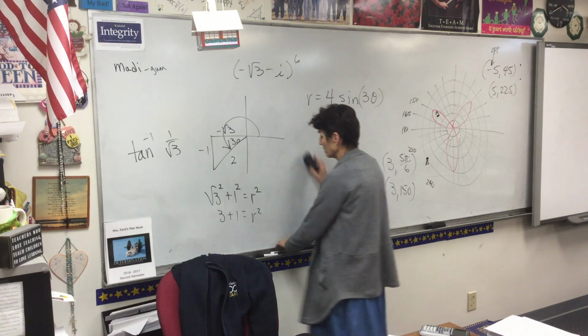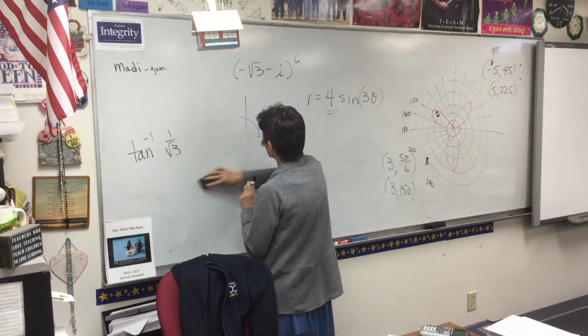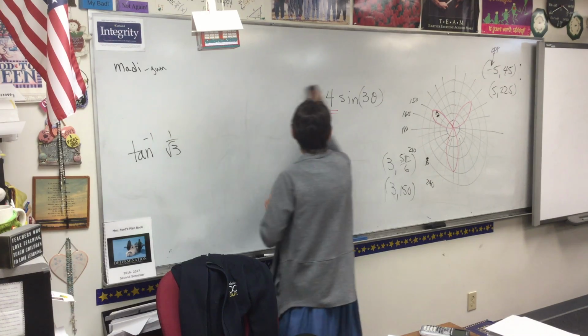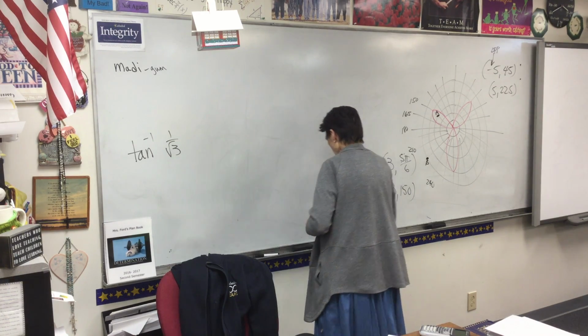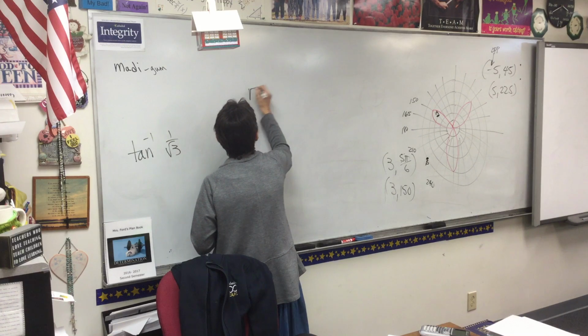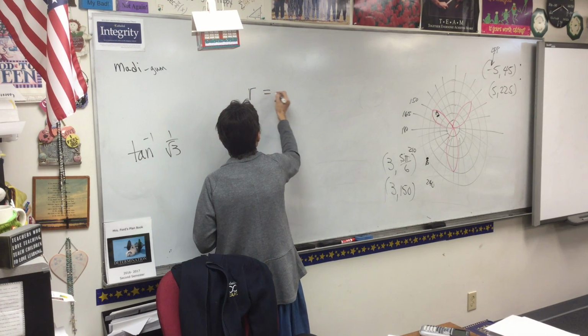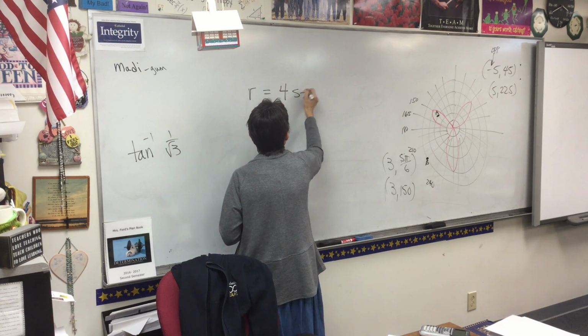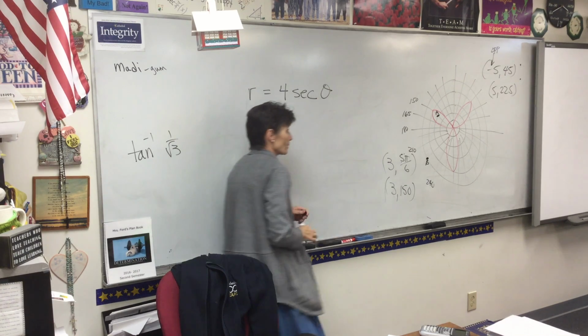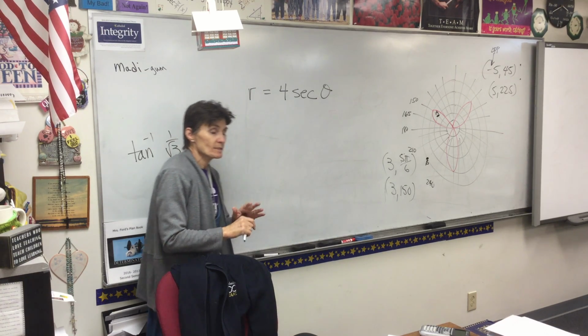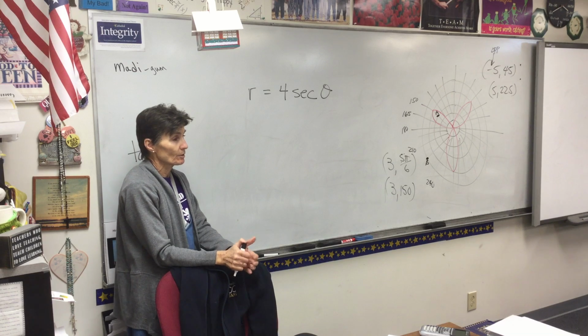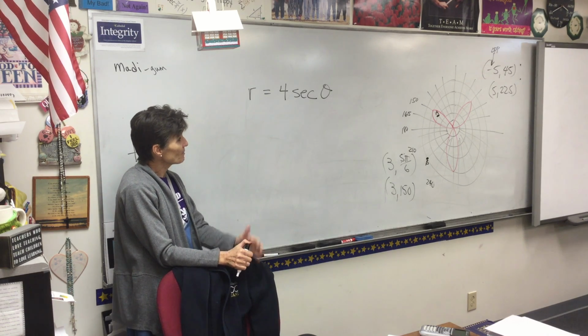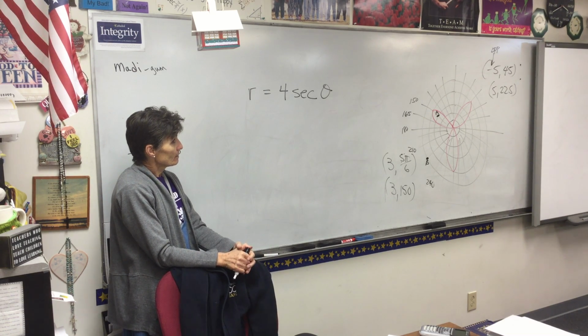All right, so let me put one up here to practice. Convert to a rectangular equation. Okay, so directions say convert to a rectangular equation. All right, just stop and think. Look at the problem.